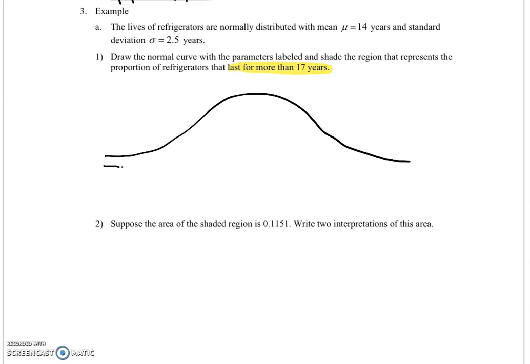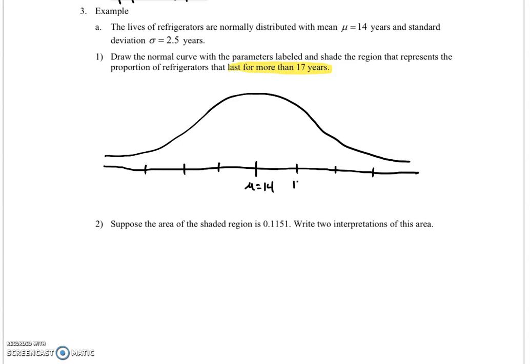And these don't have to be perfect, obviously. I usually draw my curve and then my axis. It's so much easier. So straight down from the middle is our mean, which is 14. And since our standard deviation is 2.5, we're going to add 2.5 going to the right and subtract it going to the left.